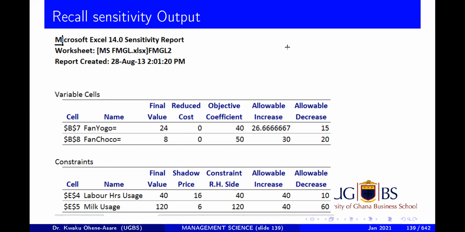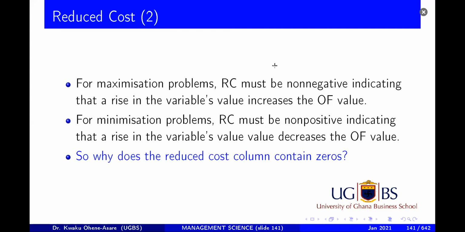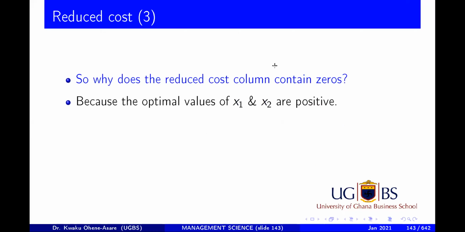Because if they weren't producible, we wouldn't have had a zero reduced cost. So the fact that they are zero means that the optimal values are positive because they are producible. That's it.